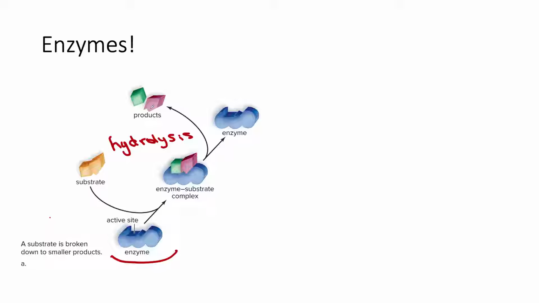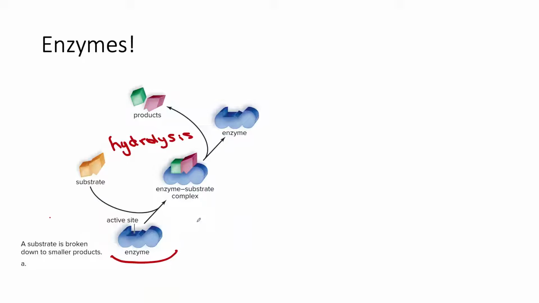Now, if you notice, the substrate comes in big, it binds to the active site, and then it gets broken down into two products. So it's not the same as when it came and was bound by the enzyme. But the enzyme, this whole time, is the same. So through the steps of the reaction, the enzyme does not change.